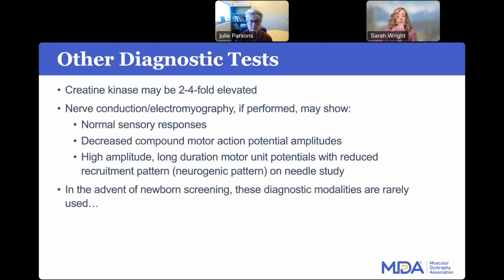The EMG still has a role for us in sometimes predicting, for those children who have 3 copies of SMN2, maybe how severe they are at presentation, and can help sometimes, particularly with clinical trials, for understanding response to therapy. However, in the advent of newborn screening, these diagnostic modalities are rarely used. Next slide.